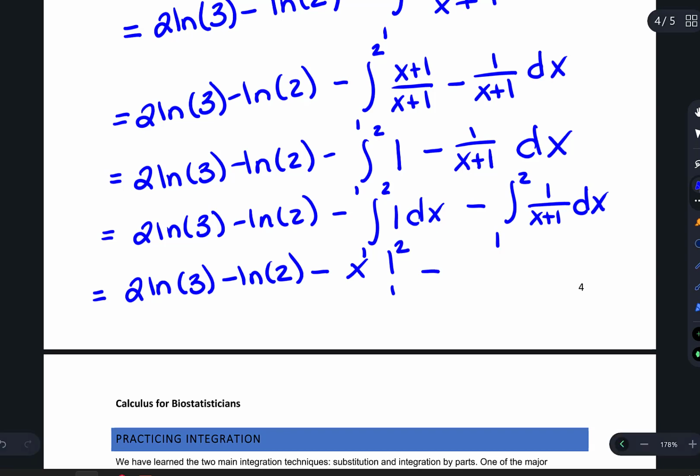And then our second integral, 1 over x plus 1, is the same thing as the natural log of the absolute value of x plus 1 once we take that integration. That's coming back from the previous chapter. That's one of those more simple integrations that we can work with. And again, we're going to evaluate this absolute value from 1 to 2.